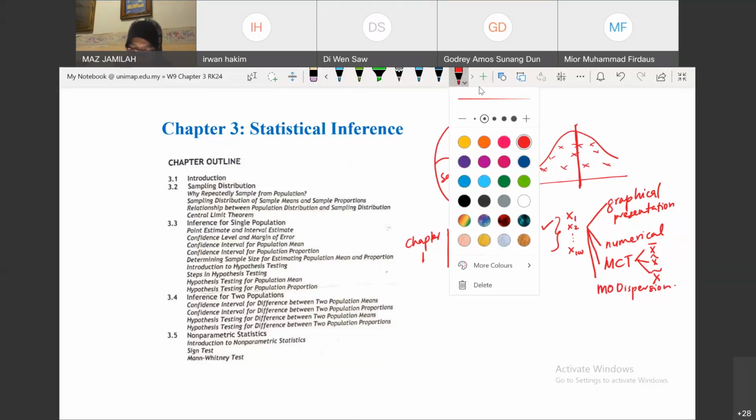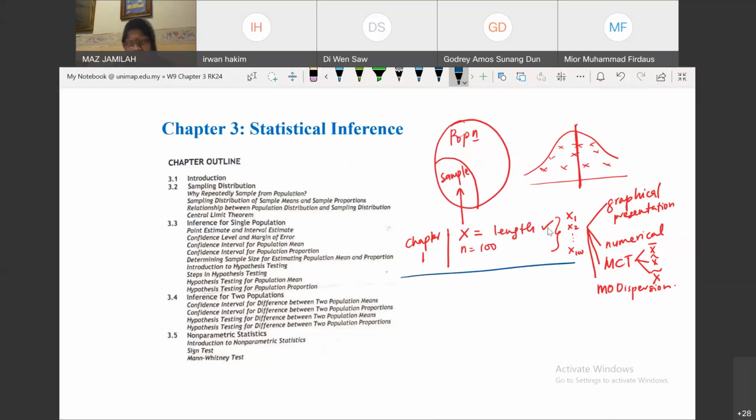In chapter 2, we are still talking about our x, but now we call it a random variable. In chapter 1, we called it a variable.